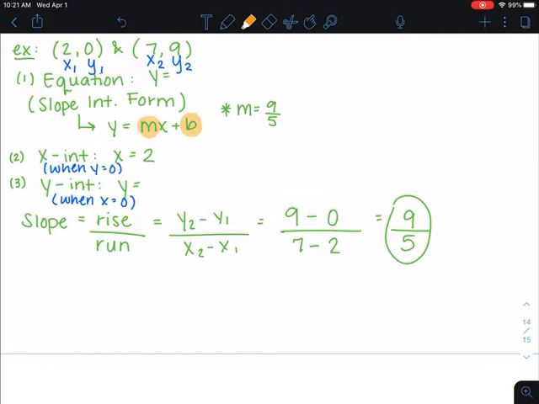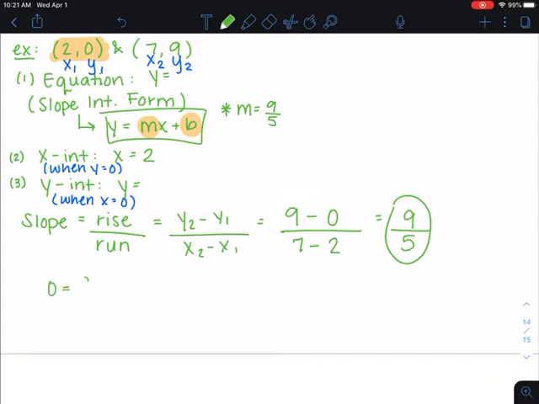So we're going to pick a point to plug into the equation. You can pick any point. Typically, you want to pick the points with the least amount of negatives because negatives sometimes can cause little mistakes that you want to try to avoid. So I'm just going to go with 2, 0. We're going to pick this point, and we're going to plug it into this formula here.